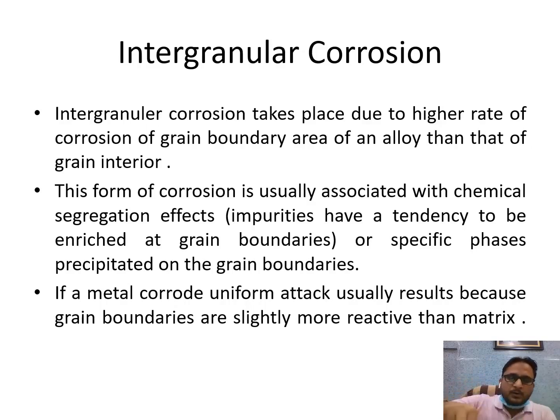For example, in the welding of stainless steel, since stainless steel contains iron, carbon and chromium, it has this composition. During the welding process, chromium carbide is formed and gets deposited. The concentration of chromium carbide is more near the grain boundaries, while its concentration is less near the grain center.